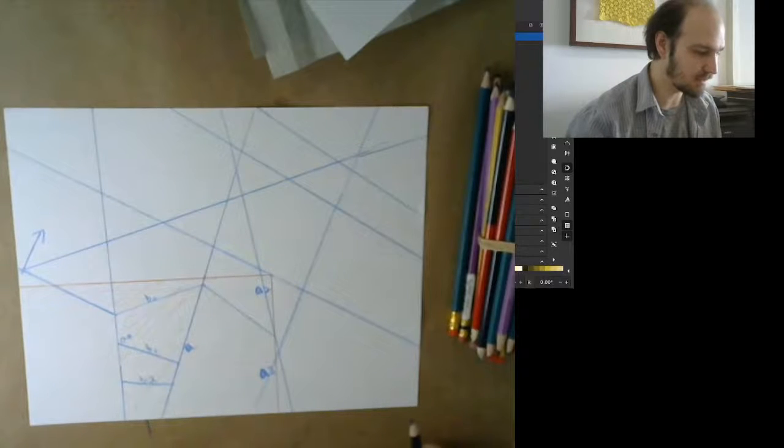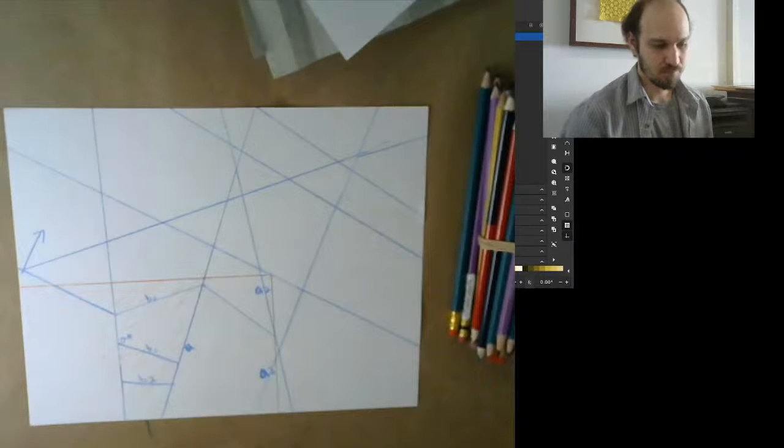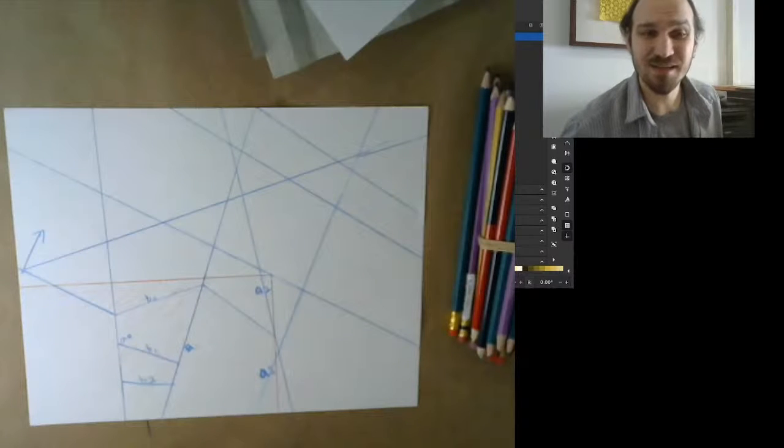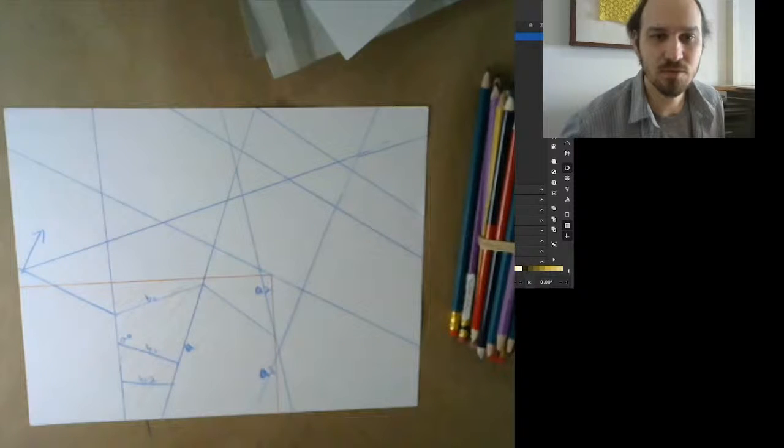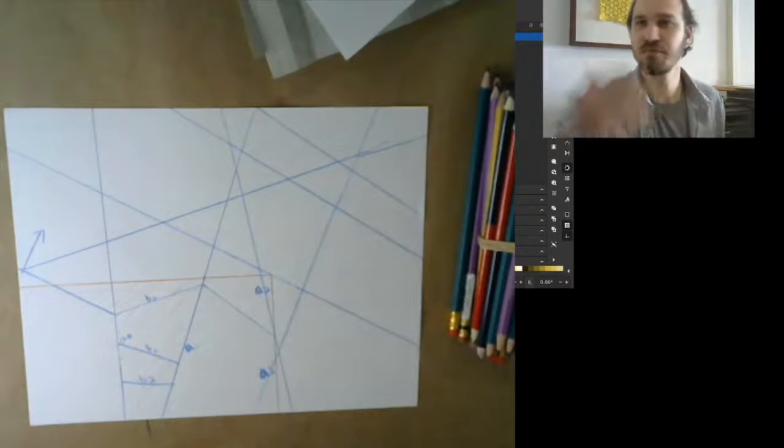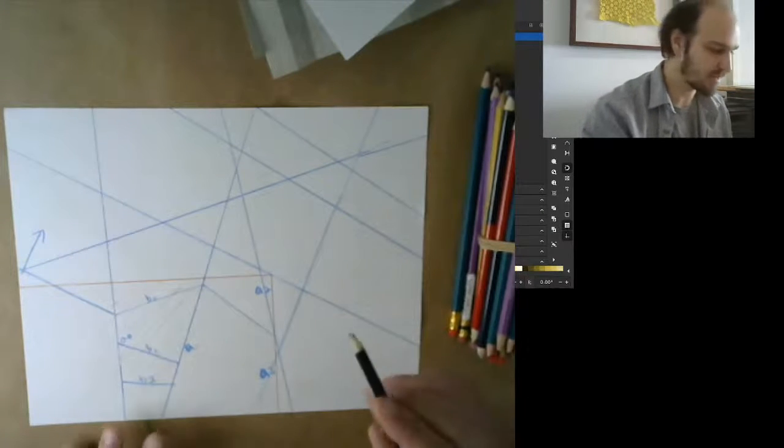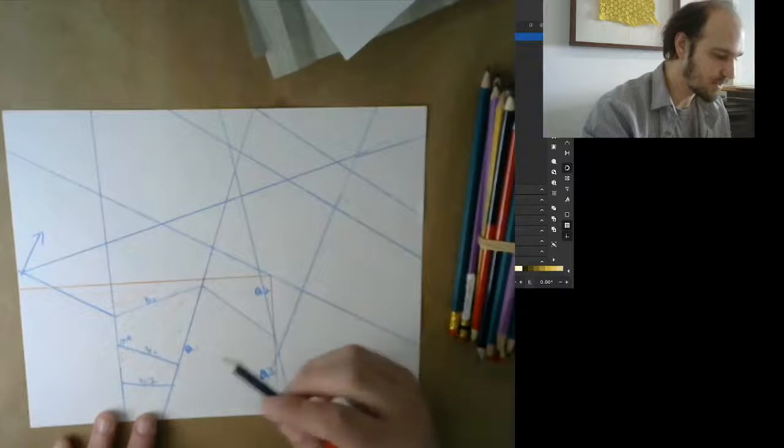I'm going to call these Omega. Is that right? I mean, is Omega the infinite? I don't know. Well, for now, I'll call it Omega. That might not be the best name for it.